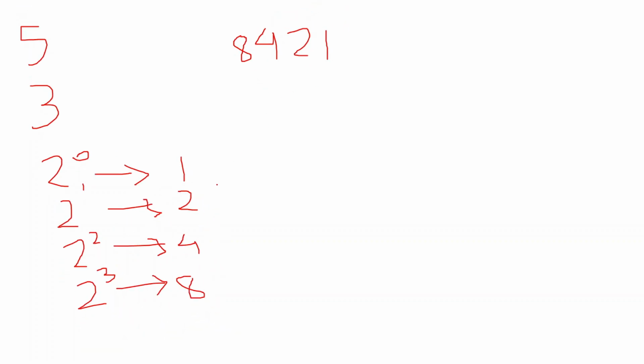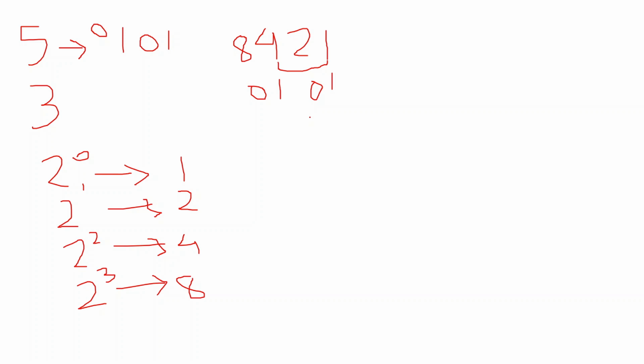Now which numbers will we add so that we get 5? 4 and 1, right? So for these fields we consider 1 and the rest will be 0 and 0. So finally the binary number for 5 will be 0, 1, 0, 1. For 3, which numbers can we add to get 3? 2 and 1, right?